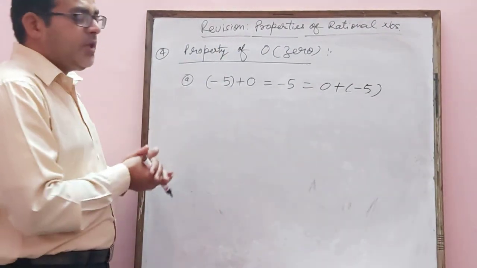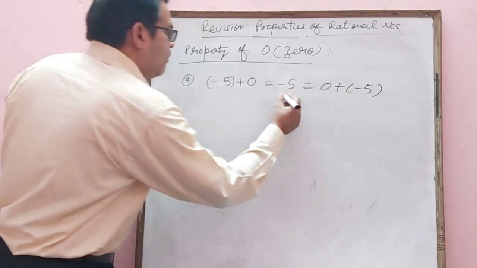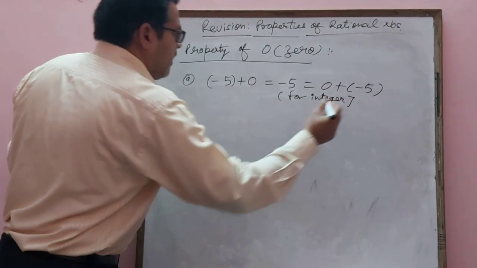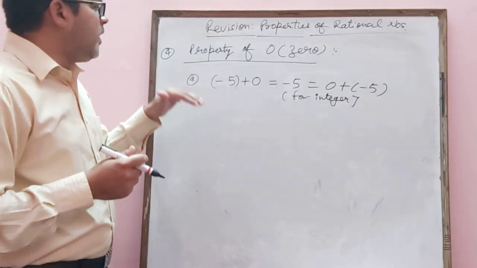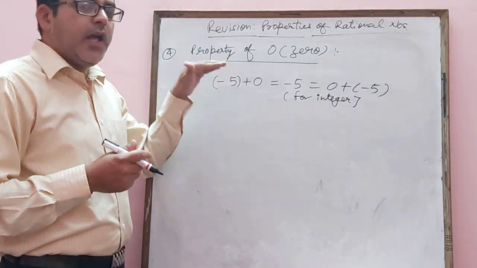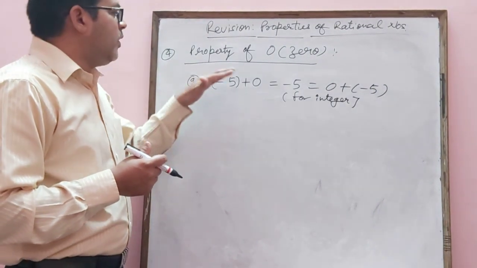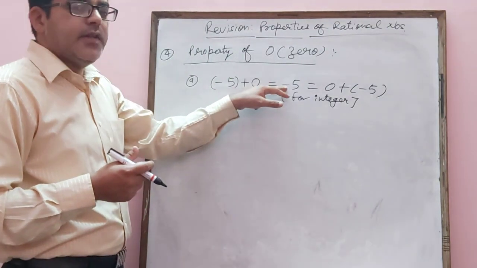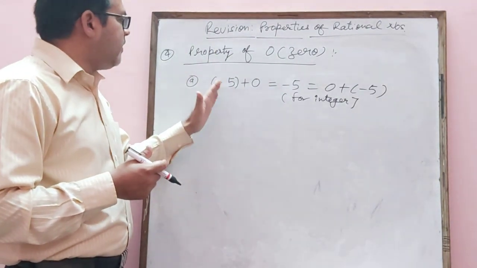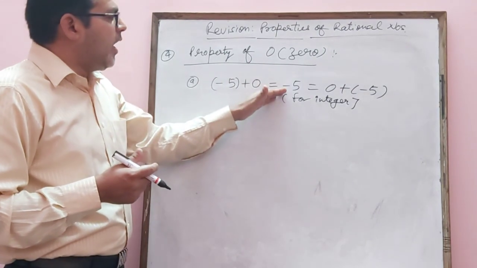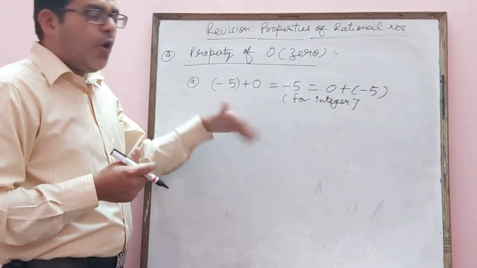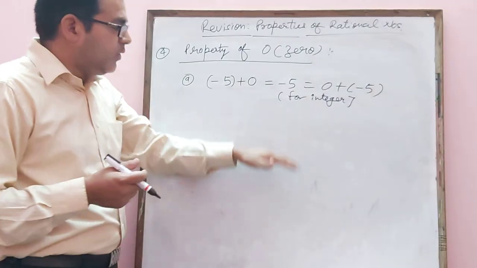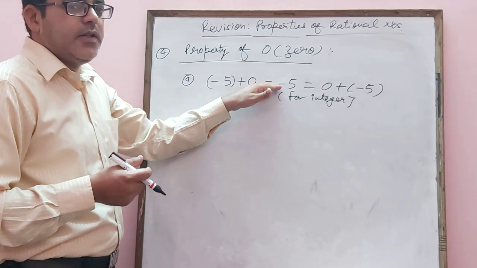This is the commutative property we used here, and this is for integers. It means if we add 0 to any integer, the result isn't affected. We will get the same integer as a result. So if we add 0 to minus 5, we will have minus 5, or if we add minus 5 to 0, we get the same result, that is minus 5.